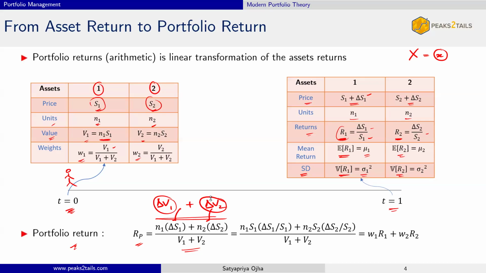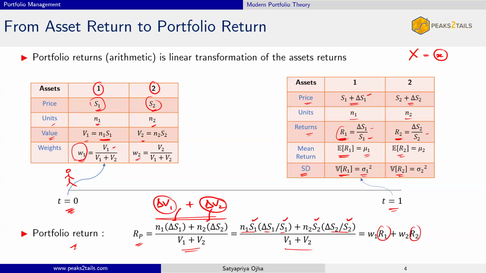Now, multiply and divide by S1, multiply and divide by S2. If you look at the formula, delta S1 by S1 is nothing but R1. Delta S2 divided by S2 is R2. N1 S1 divided by V1 plus V2 is W1.